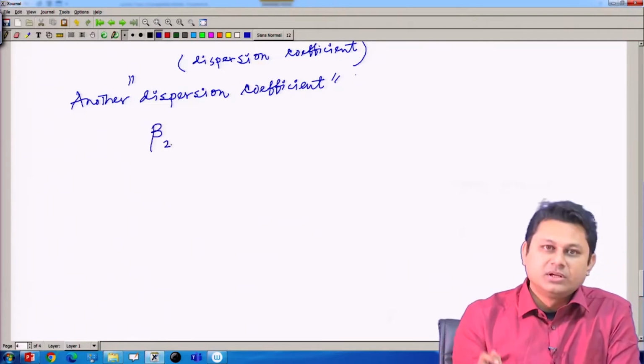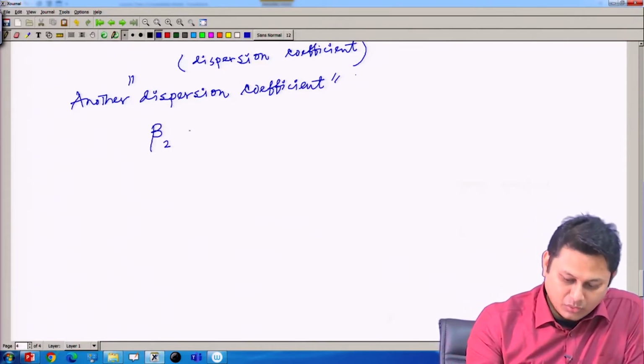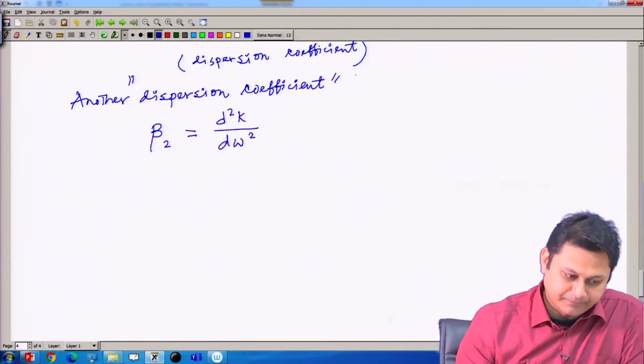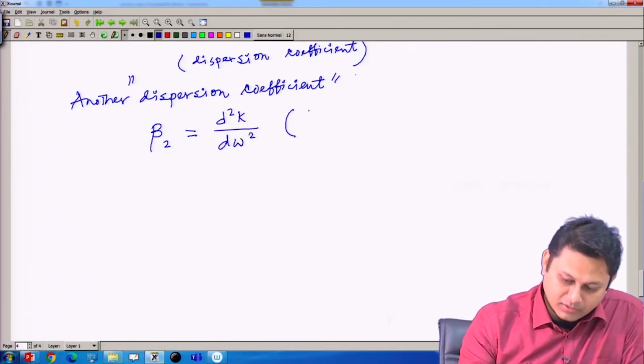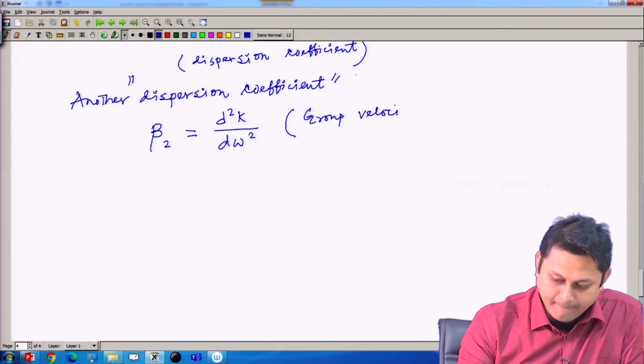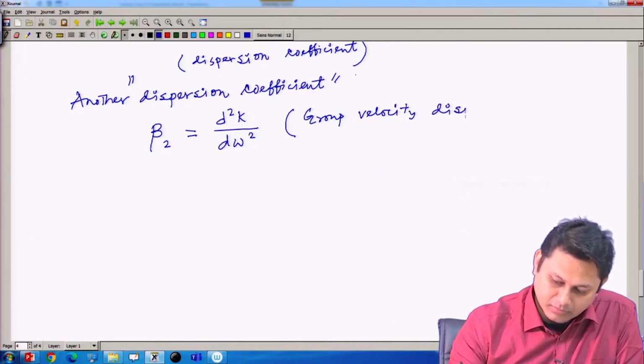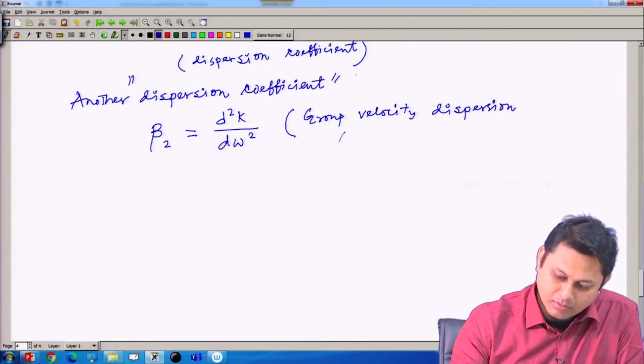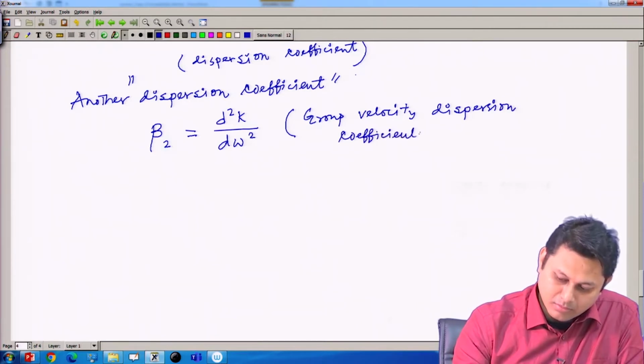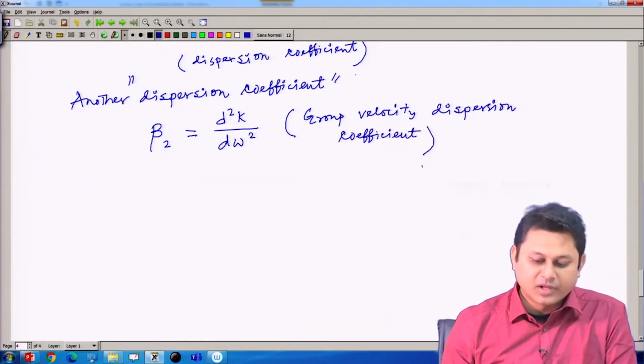This is the standard notation for the dispersion coefficient beta 2, which is by definition d2k d omega square, and is called the group velocity dispersion coefficient.